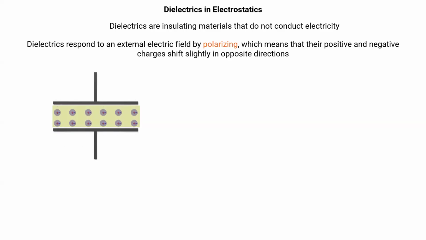All charges are bound, like electrons bound to the nuclei, and so on. So the best they can do is only deform. The atoms can deform, and this deformation leads to polarization of the material. So when we apply an electric field to the piece of dielectric, it gets polarization.